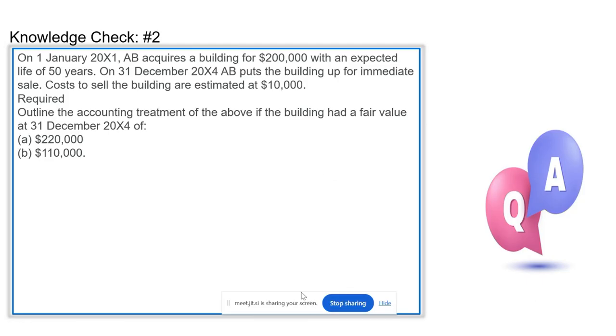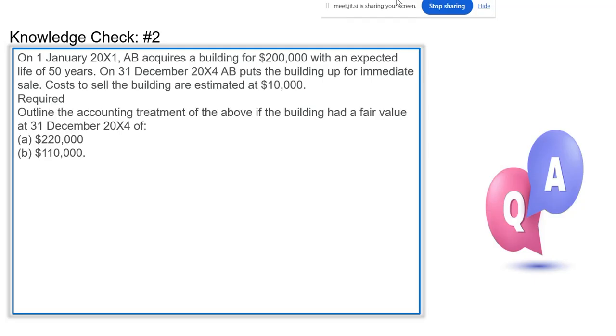Costs to sell the building are estimated at $10,000. Required: outline the accounting treatment of the above if the building has a fair value at 31st December 2024 of (A) $220,000, (B) $110,000.